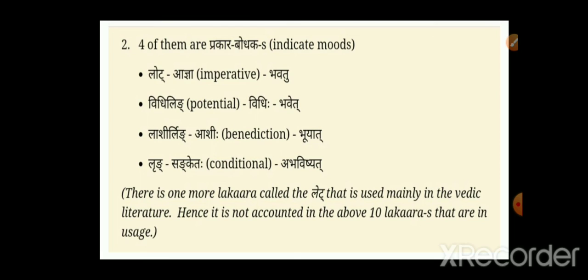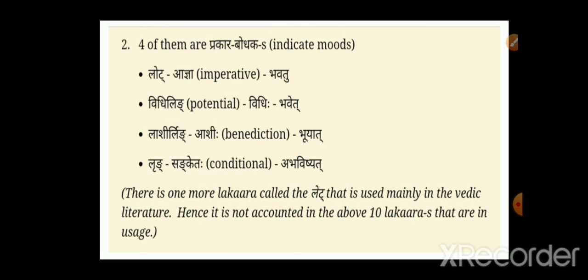Just know 6 are the tenses and the 4 of them are to indicate moods. Those 4 are lot, vidhilin, ashirlin, and lrin. These 4 are to indicate moods. And apart from these 10, whatever we have discussed, 6 tenses and 4 moods, we have one more lakara, that is a let lakara.